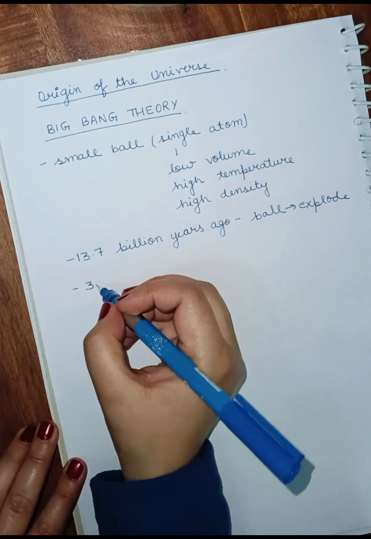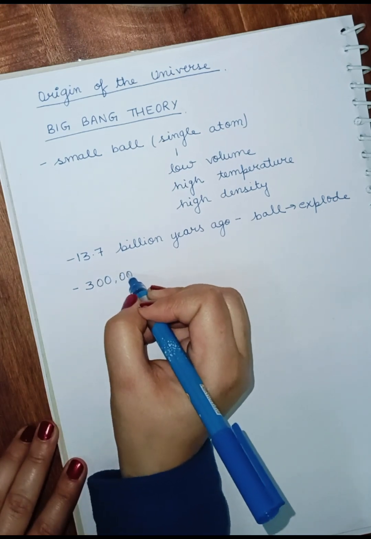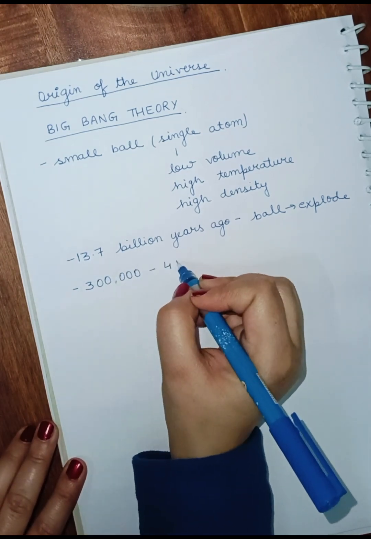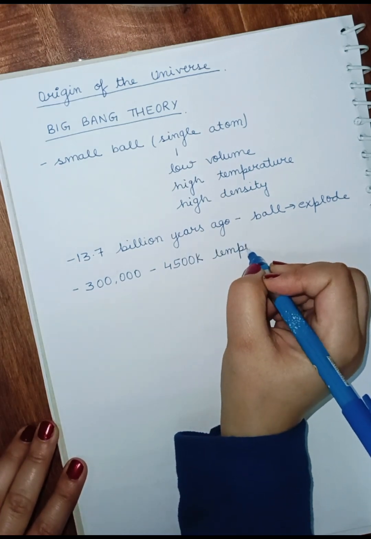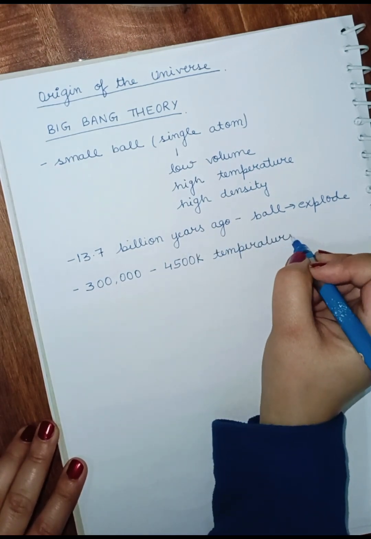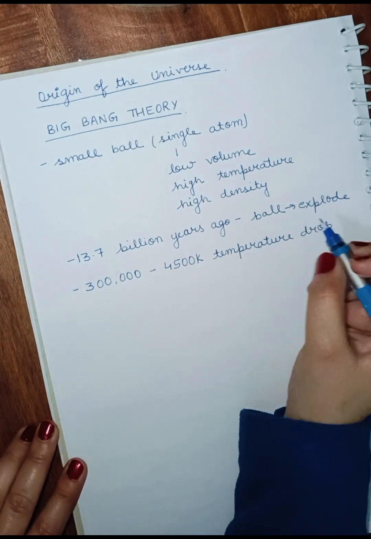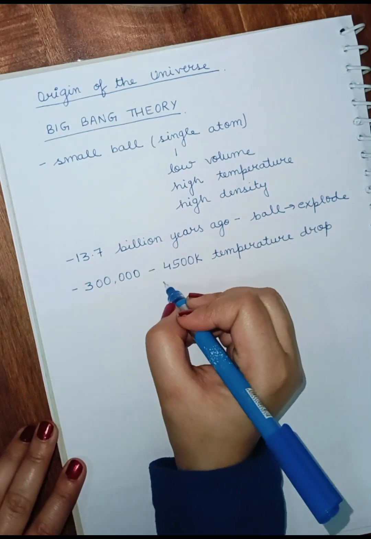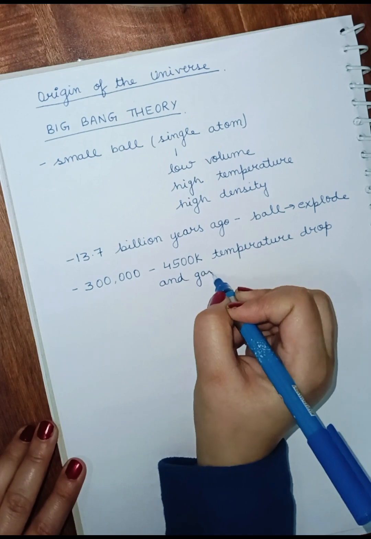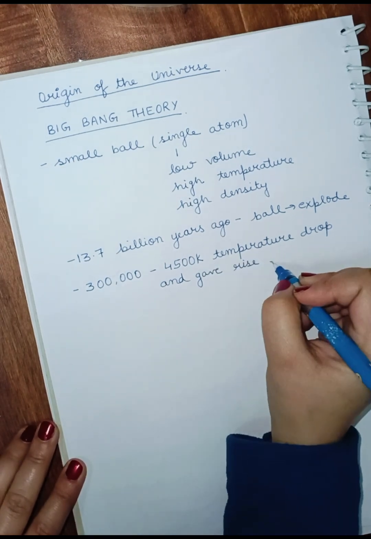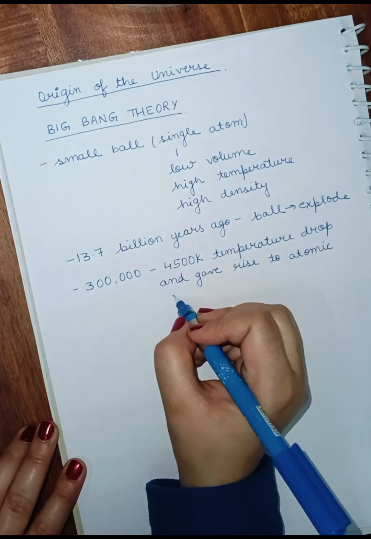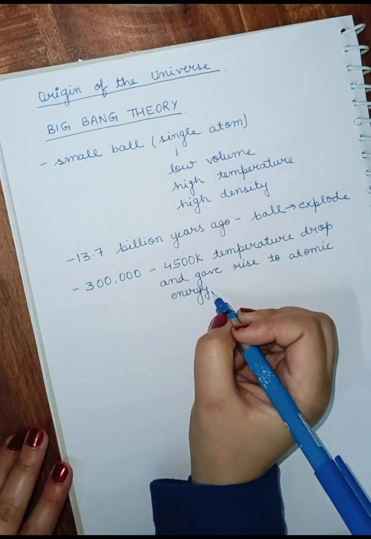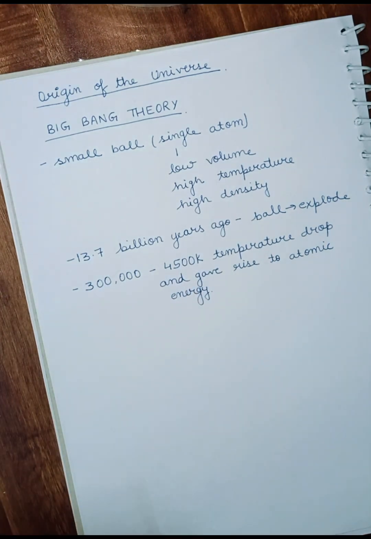Within 3 lakh years, the temperature dropped to 4500 K and gave rise to atomic energy. This is the Big Bang Theory, which is the most famous theory on the origin of the universe.